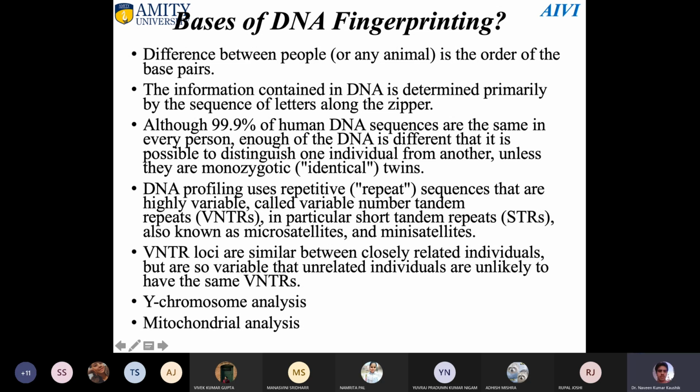Whatever we talk about in DNA fingerprinting is on the basis of these VNTRs, which are repeated sequences, or the Y chromosome or the mitochondrial genome, because these create differences, and we mark whether they are different or the same.